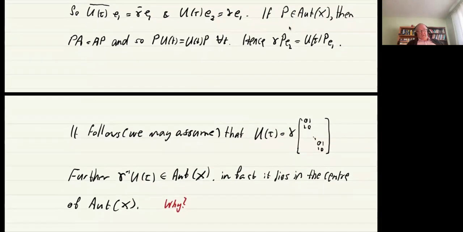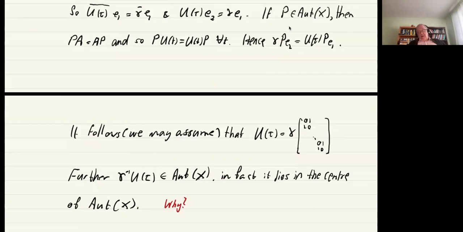So U(tau) has this form, and so in particular, gamma inverse times U(tau) is in the automorphism group of X. So this is telling you, okay, perfect state transfer on a vertex transitive graph, you can divide the vertices into pairs, and for each pair you get perfect state transfer from one vertex to the other. So if you get perfect state transfer on a vertex transitive graph, you get a lot of it at once.